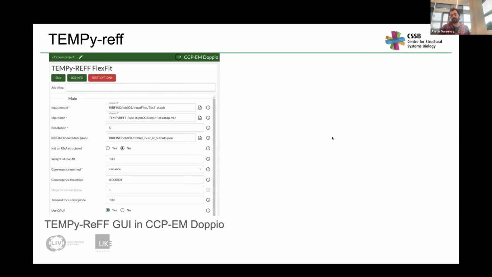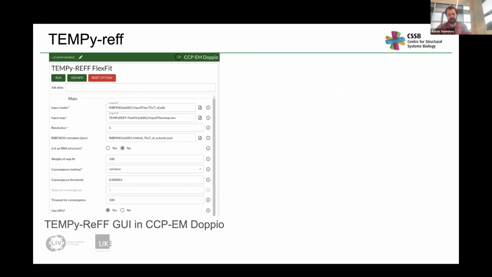TEMPy-ReFF is available in CCP-EM in the new Doppio release. It comes in a few different flavors there. There's this FlexFit GUI, which is designed to set up a flexible fitting run using the RIBFIND restraints. And there's also another GUI for doing the GMM-based refinement.